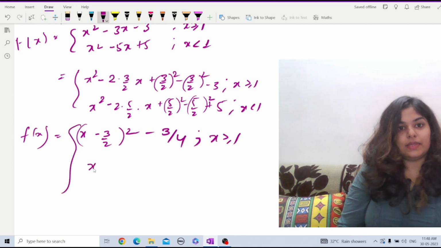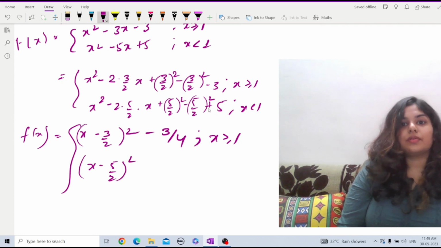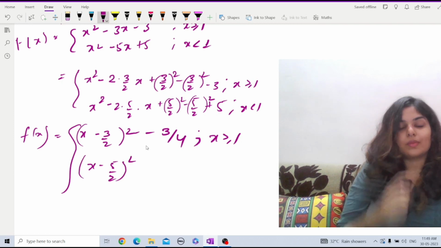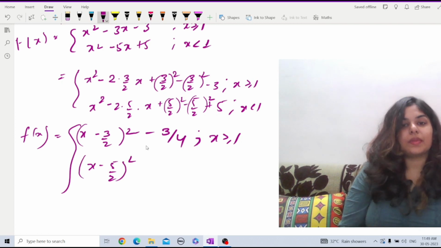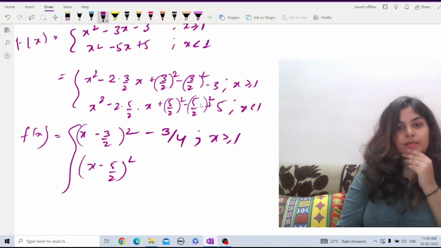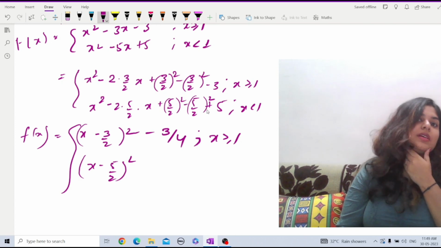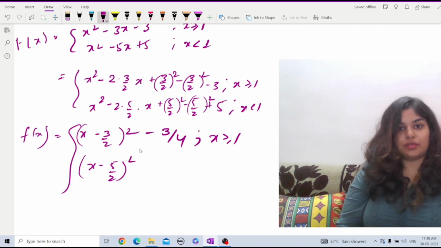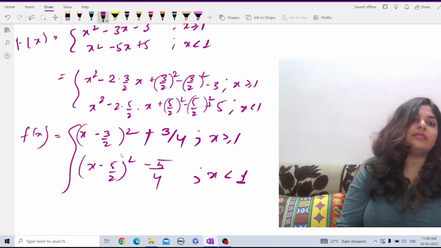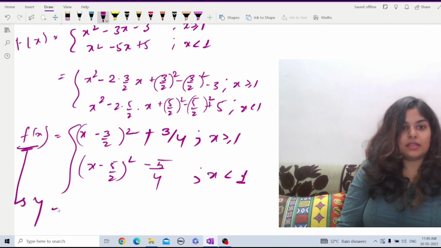And here it will be (x minus 5 by 2) whole square, this is 25 by 4 plus 25, so the LCM of this will be minus 25 plus 20, so this is minus 5 by 4, and this shall be plus 3 by 4. So this is it. Now if we put this as y is equals to, so we have got these equations.